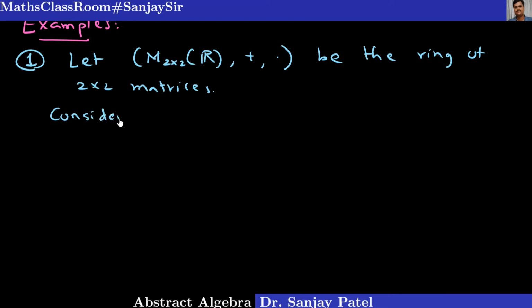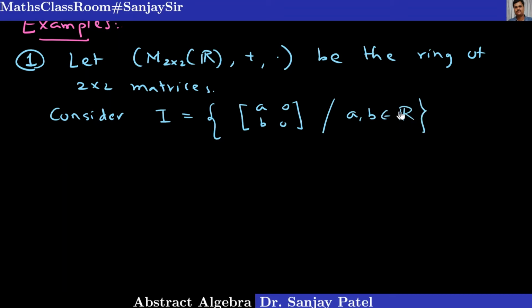Consider a set I in this set of matrices, equal to the matrices [a b; 0 0]. So I am collecting all those matrices for which the second row is 0. The first row can be anything, where a and b are any two real numbers.